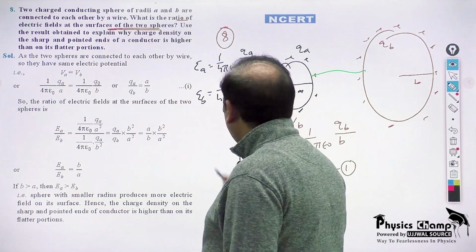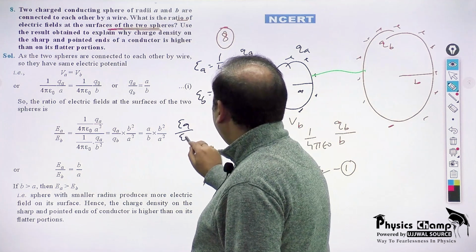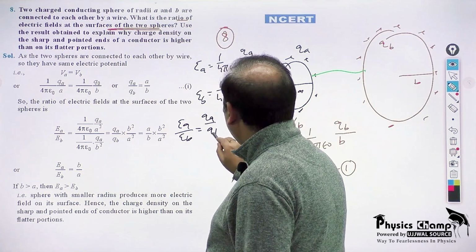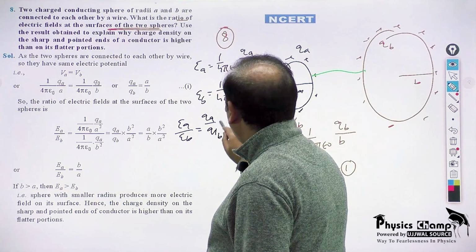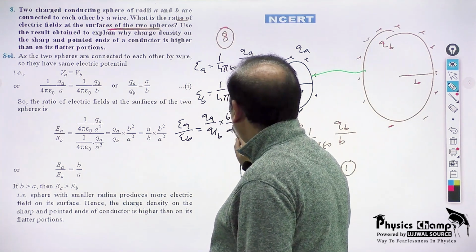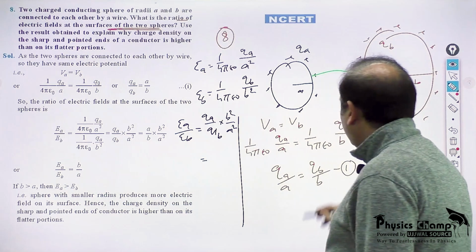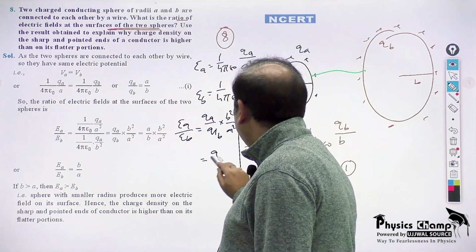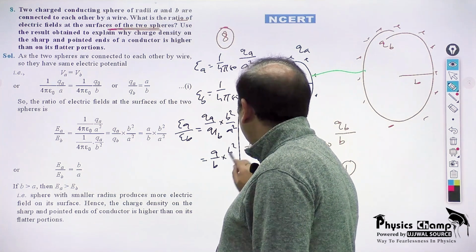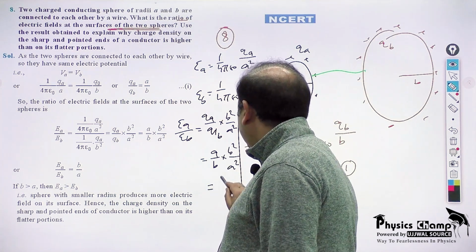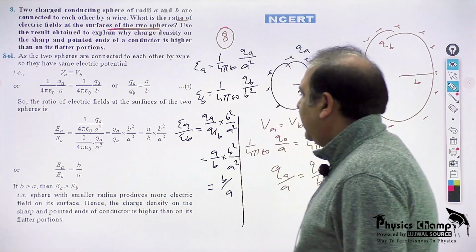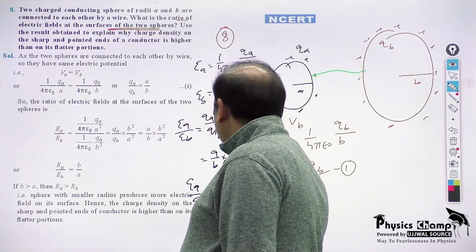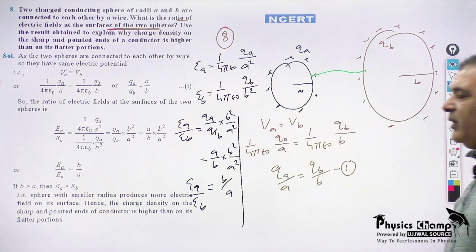So let's find EA by EB. It will be QA by QB into B square by A square. And QA by QB is A by B, so A by B into B square by A square. So we are getting B by A. So the ratio of the electric field at A to B will be B by A. That we can prove here.